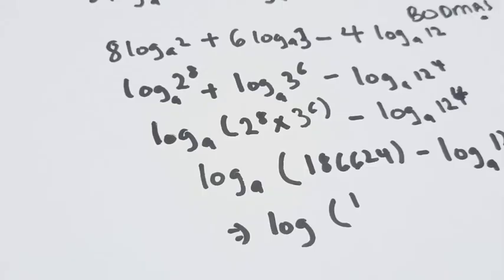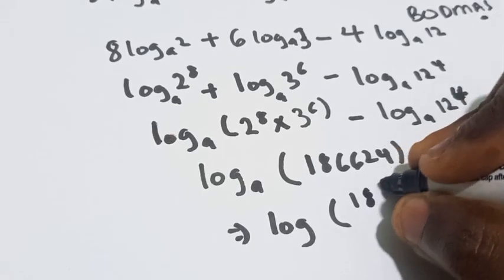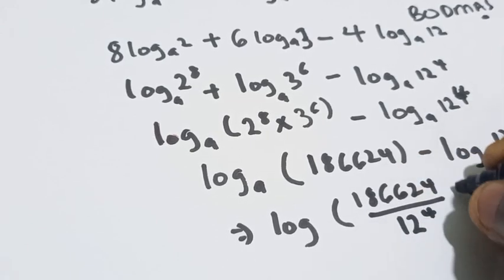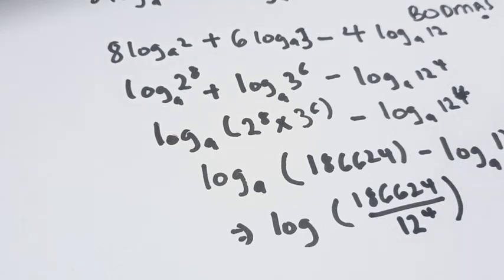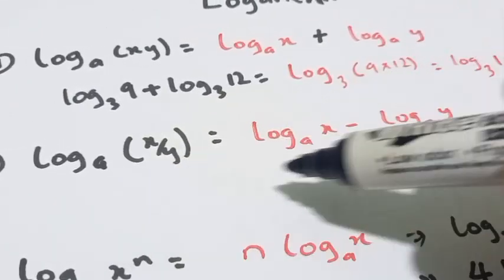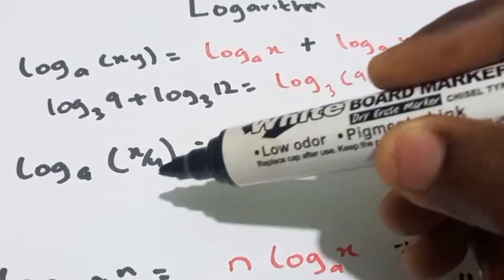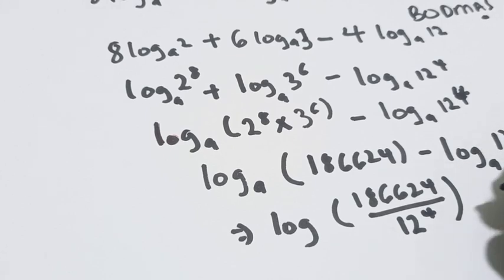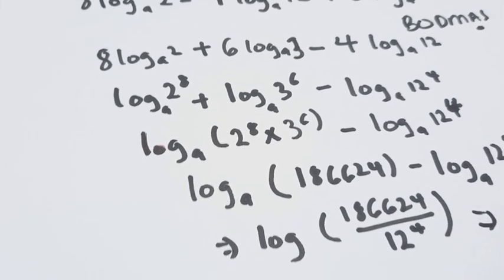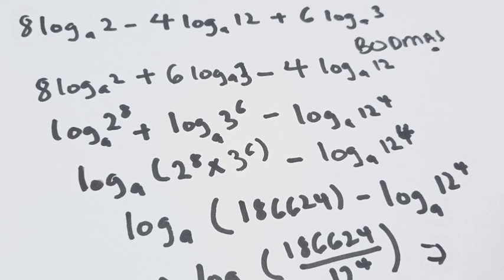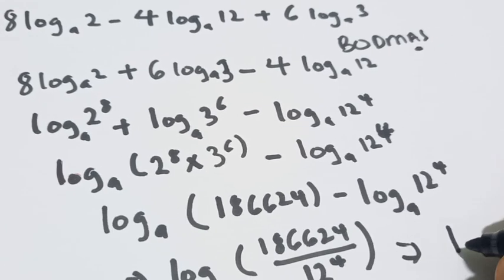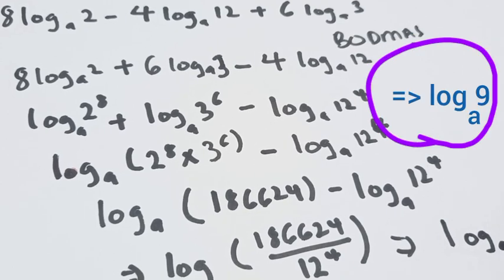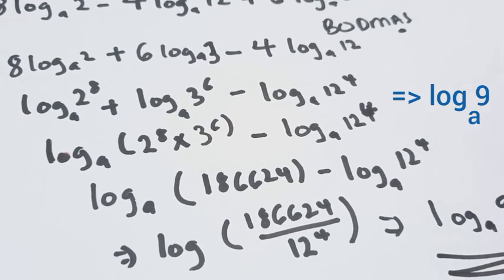In solving for this, we have 186,624 divided by 12 exponent 4 from the second rule. When it's subtraction, we divide once they have the same base. By punching this on our calculator, we have log of 9 base a. So this is the answer to this question.